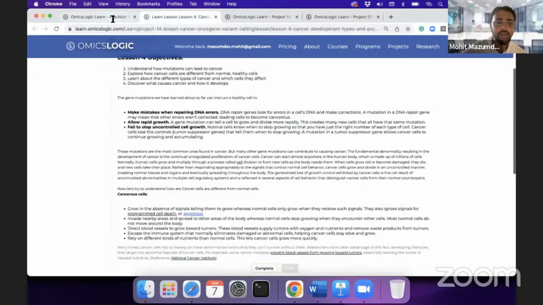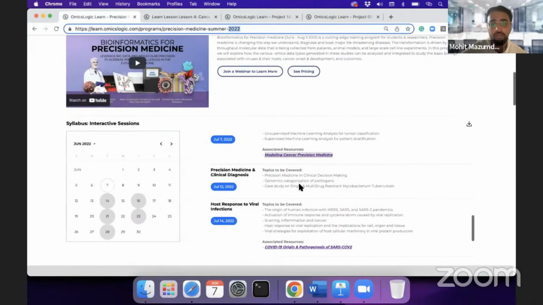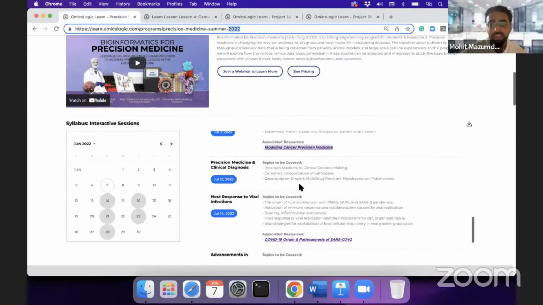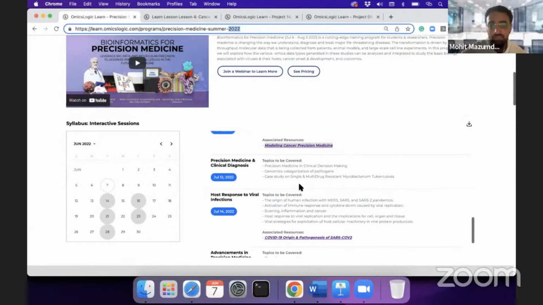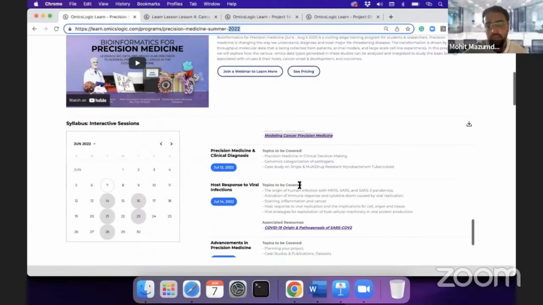So after this session, we have a session which is more focused towards clinical diagnosis, because we are talking about precision medicine. So we are talking about different types of challenges that the world is facing, which includes multi-drug resistance, which includes finding stage specific interventions and all of that.